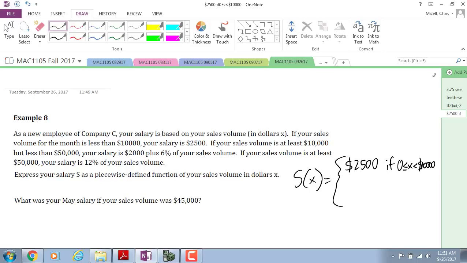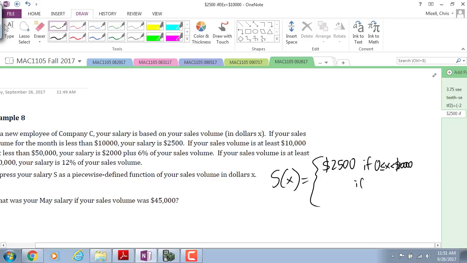If your sales volume is at least $10,000, how would we write that? At least $10,000, but less than $50,000, like that.